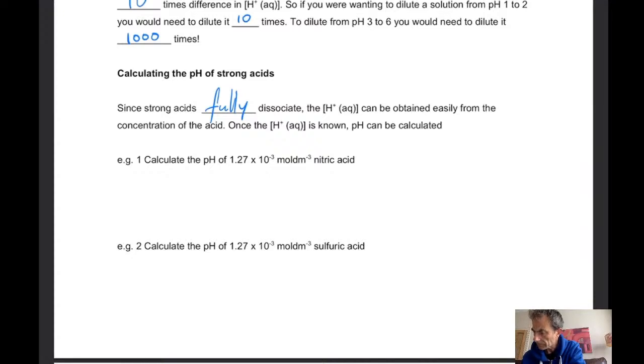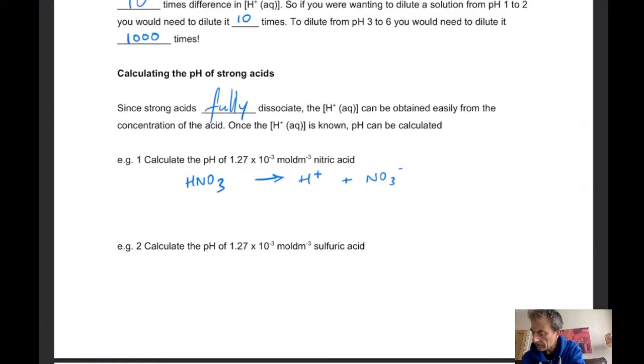So if we've got nitric acid, HNO3, we'll just do the simple dissociation. That dissociates fully, remember, to strong acid into its ions, so H+ and NO3 minus.